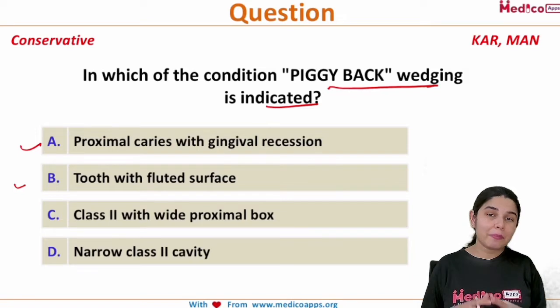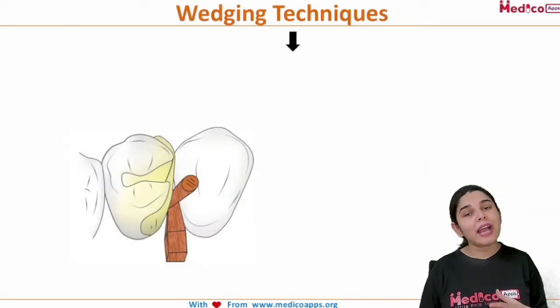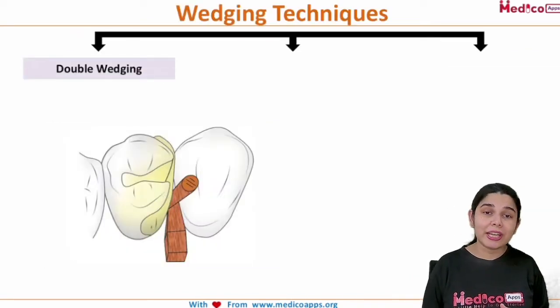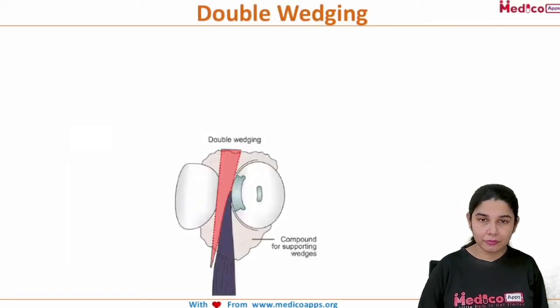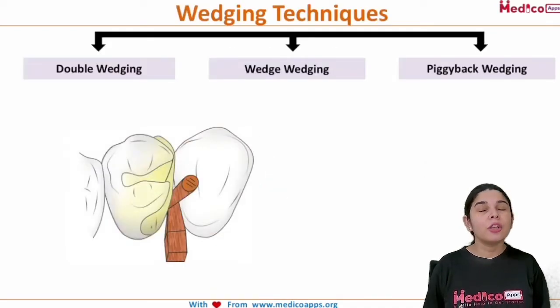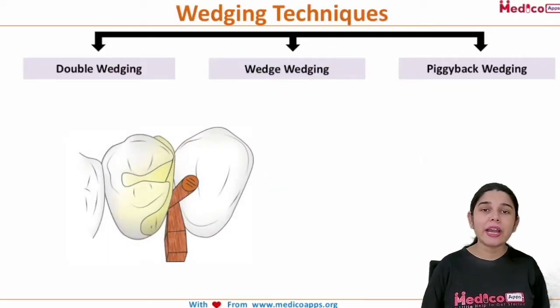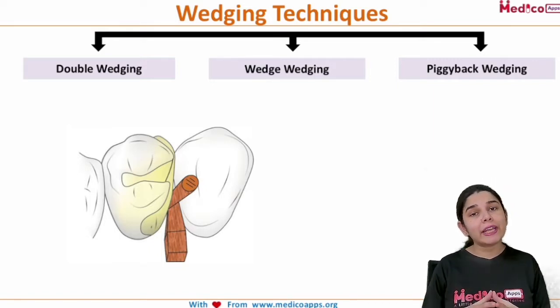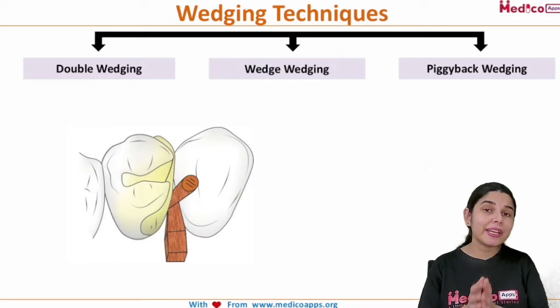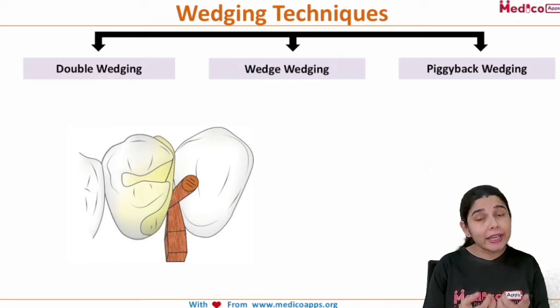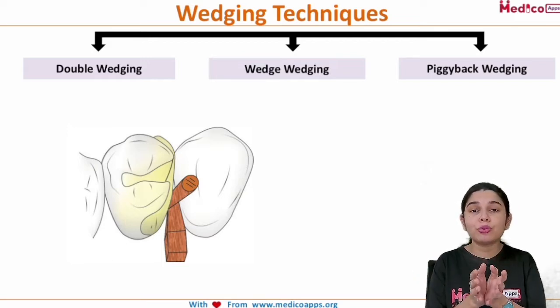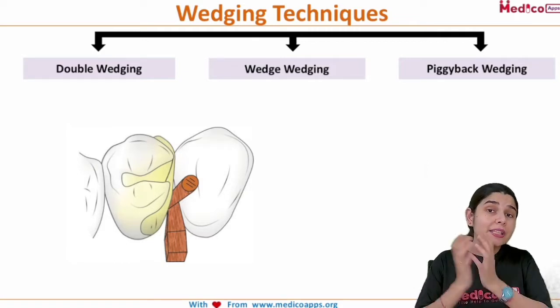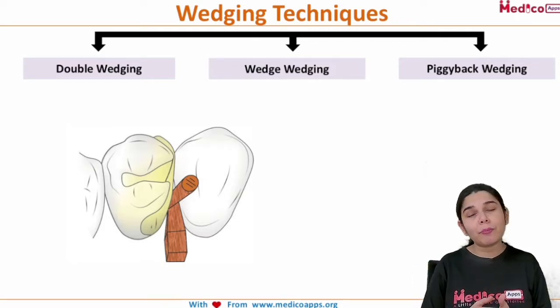So let's start by first understanding what you mean by wedging technique. A wedging technique is basically a technique which is used to separate two teeth. Now why is the separation of the two teeth important?